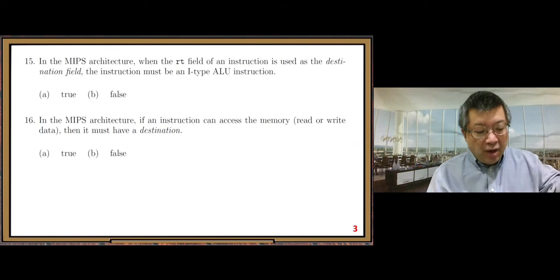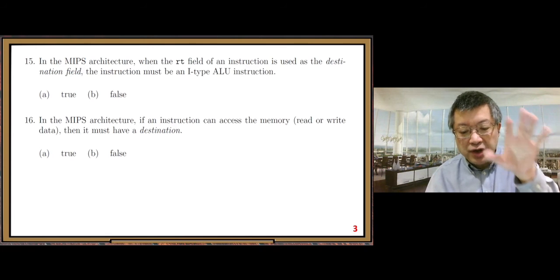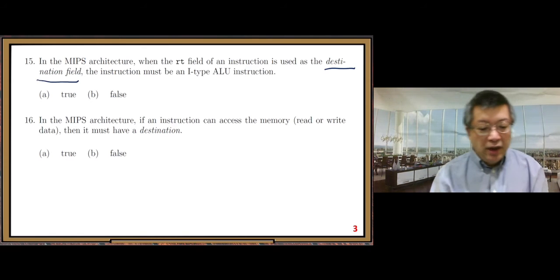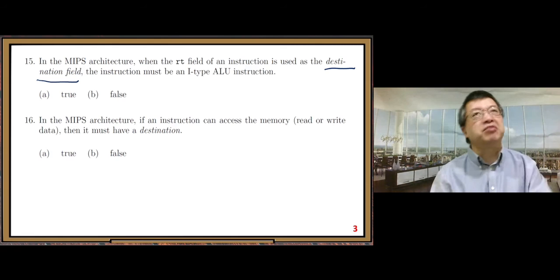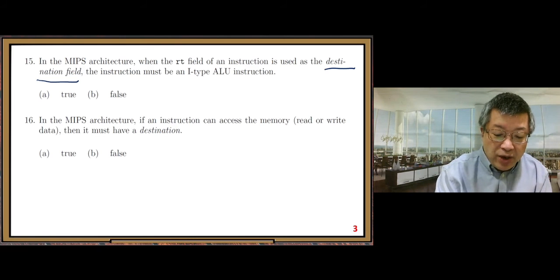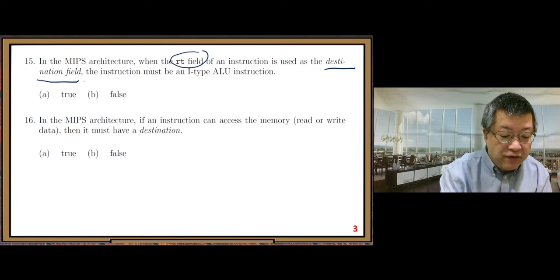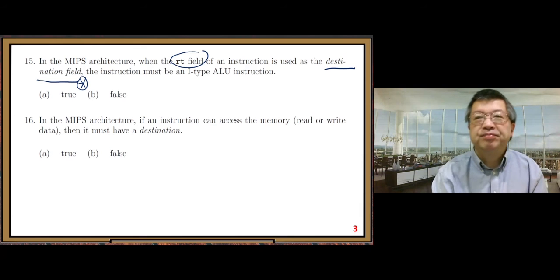Number 15. In the MIPS architecture, when the RT field of an instruction is used as the destination field, the instruction must be an I-type ALU instruction. This statement, true or false? Here we are talking about the RT field of an instruction used as the destination field. You need to look at all the possible cases.